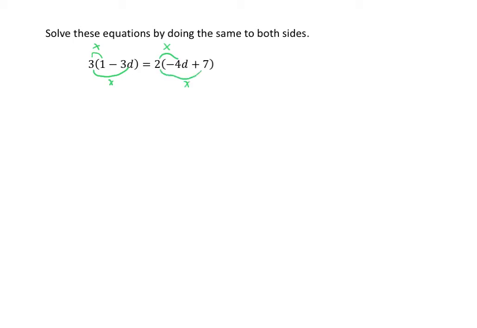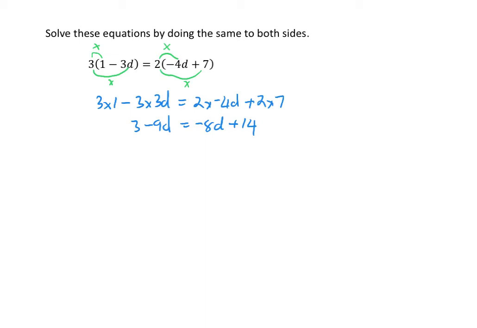So that is going to become 3 times 1 minus 3 times 3d is equal to 2 times negative 4d plus 2 times 7. So 3 minus 9d is equal to negative 8d plus 14.